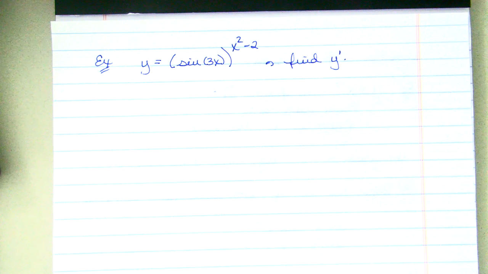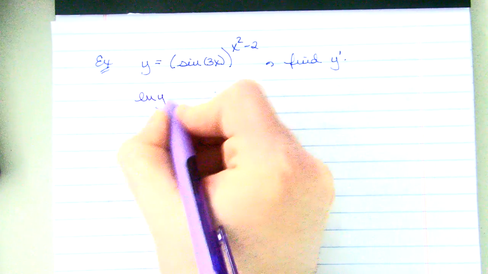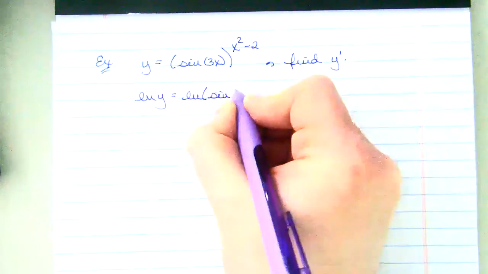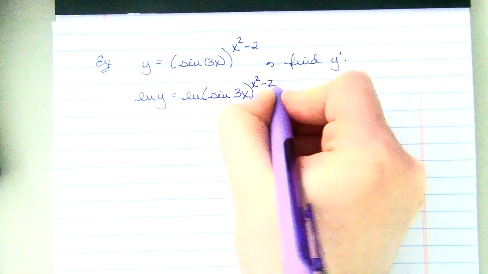We want to find the derivative. Step 1. Remind me, what do I do first? Just say it. Natural log of both sides. Natural log y equals the natural log of the sine of 3x raised to the x squared minus 2.